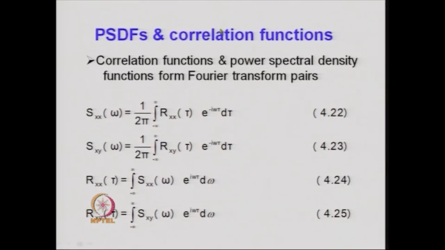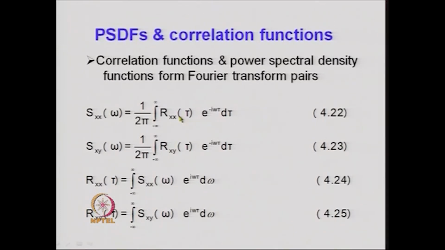That is, the Sxx(tau) can be shown to be equal to the inverse Fourier transform of Sxx(omega), that is, the inverse Fourier transform of the power spectral density function of the process, and the power spectral density function of the process is the Fourier transform or FFT of Rxx(tau).